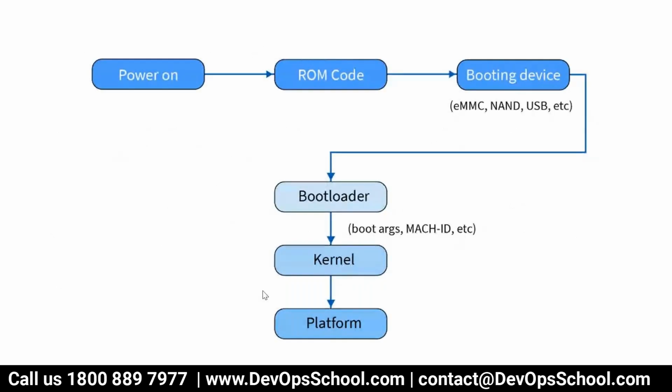Look at this here. This is the flow you should remember. When you power on, your ROM code has some booting devices, and the bootloader gets loaded, and then after that the kernel, and then the rest of the software in the operating system. So this is the workflow.